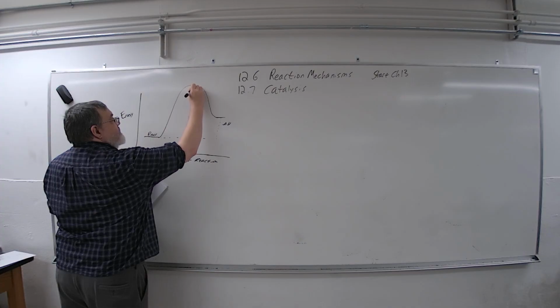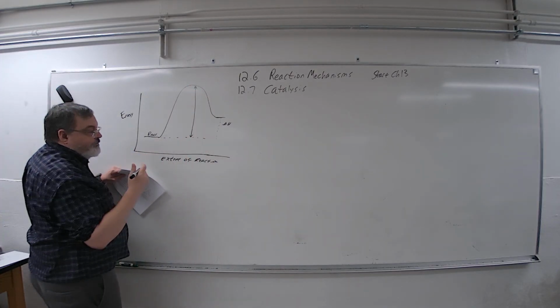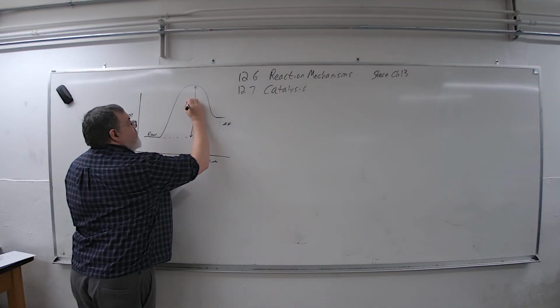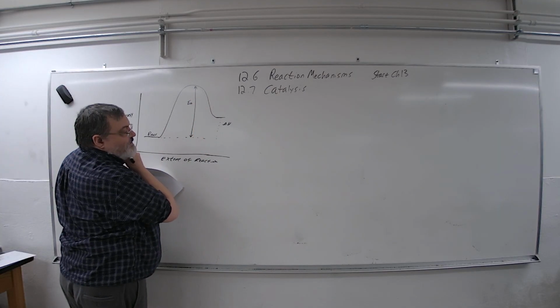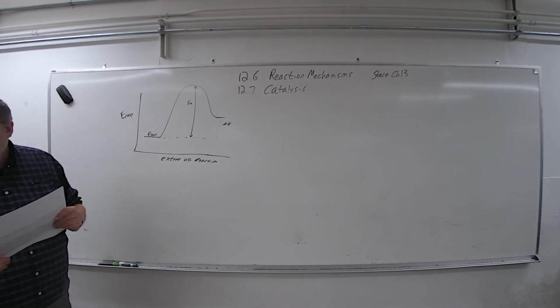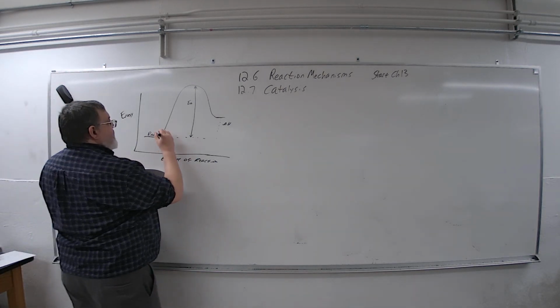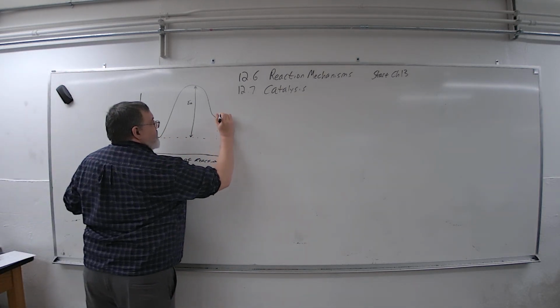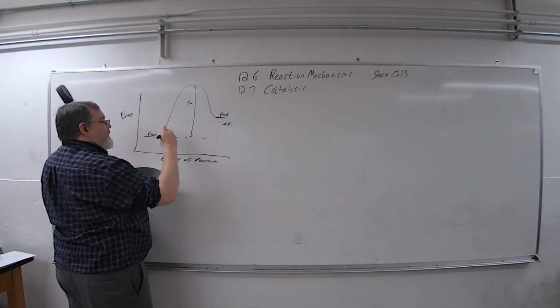The distance to this peak, do you remember what I called that the other day? We call it EA, the activation energy. That's how much energy has to go into this to make it occur. Remember that? If we did the same reaction again, we need to start here and end here on products. So this point and this point are the same, and there's still going to be a hump.